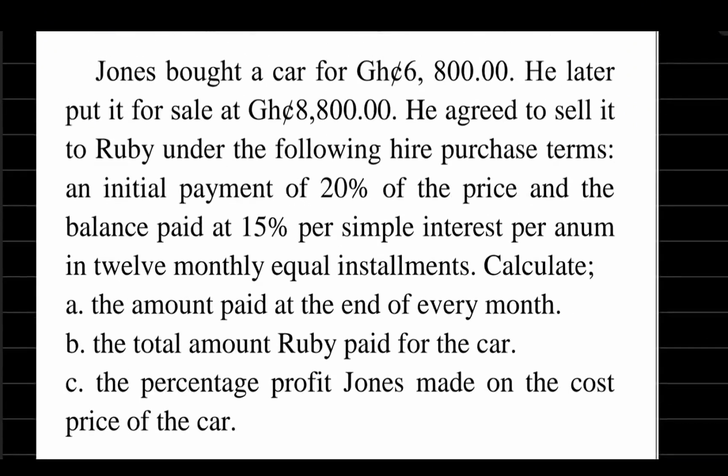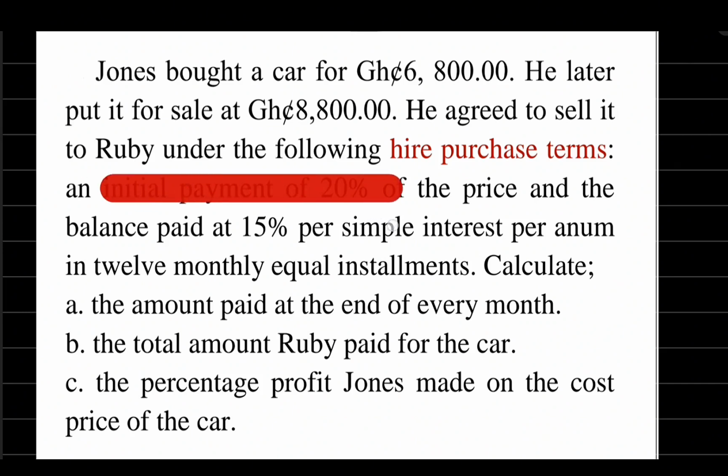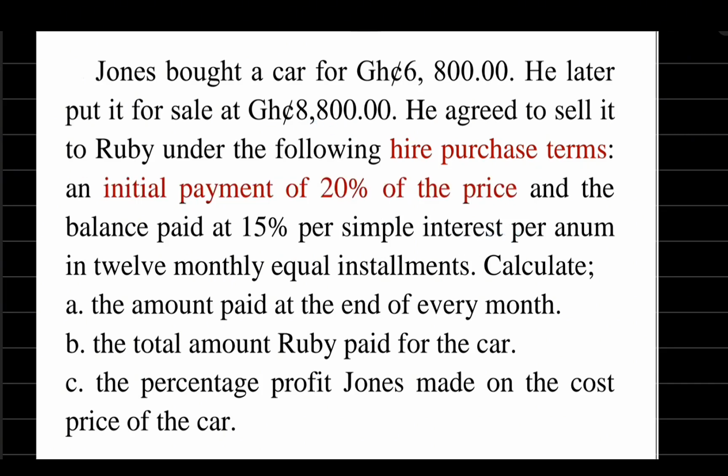Let's continue with our reading. He agreed to sell it to Ruby under the following hire purchase terms. An initial payment of 20% of the price, meaning the selling price of the car.